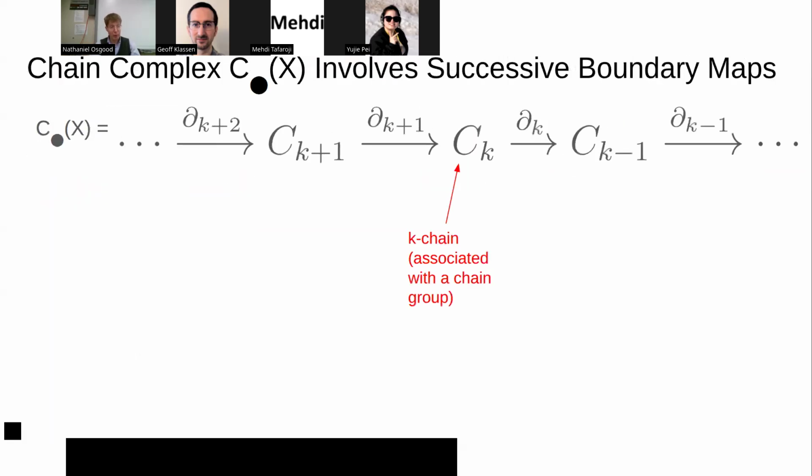Remember we had that? Remember when we had the chain complex? Each of these was a vector space, I kept on emphasizing it, where the basis for that vector space, the things that form sort of the coordinate system, as it were, were the simplices of that dimension. Do you remember that?